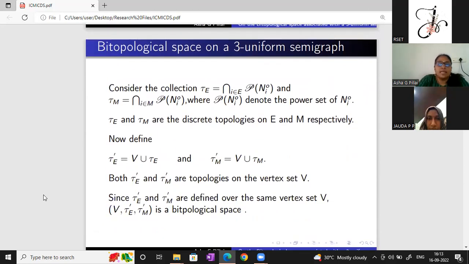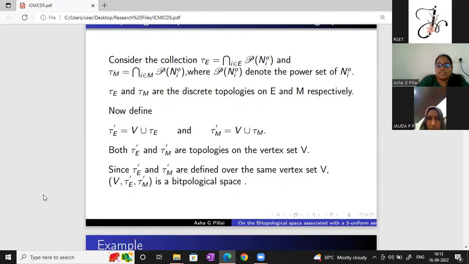Now consider the collections τE equals the intersection over i belonging to E of P(N_i^O), and τM equals the intersection over i belonging to M of P(N_i^O), where P(N_i^O) denotes the power set of N_i^O. These τE and τM are discrete topologies on E and M respectively. E is the collection of all end vertices and M is the collection of all middle vertices.